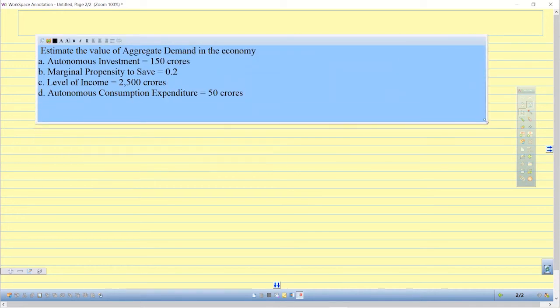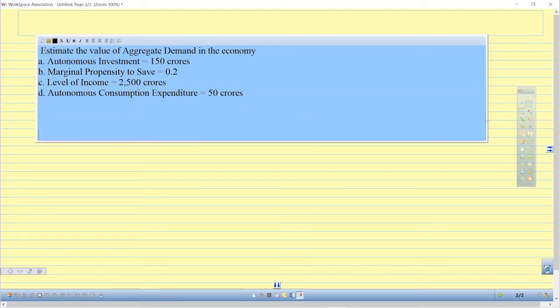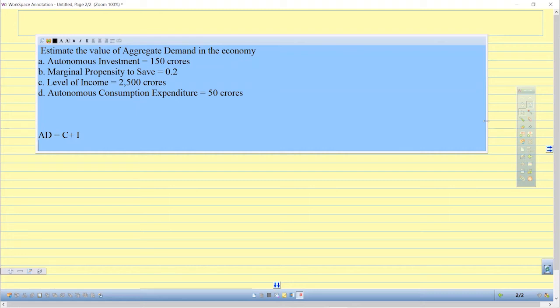So autonomous investment is given to you. Marginal propensity to save, level of income, and autonomous consumption expenditure are known to us, and we are asked to find out the value of aggregate demand in the economy. The equation for aggregate demand is the sum of consumption expenditure plus investment expenditure.